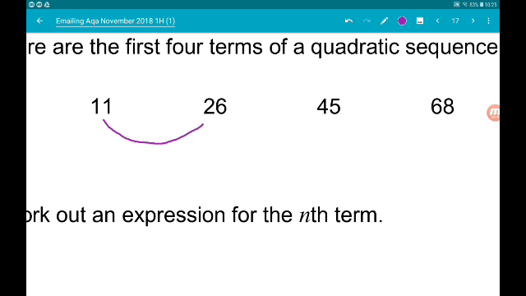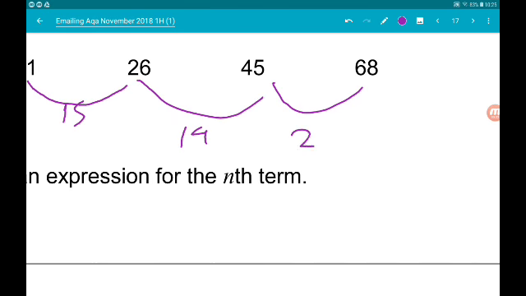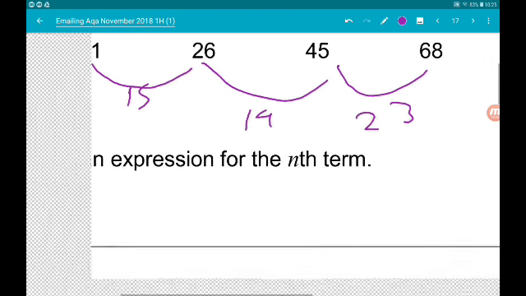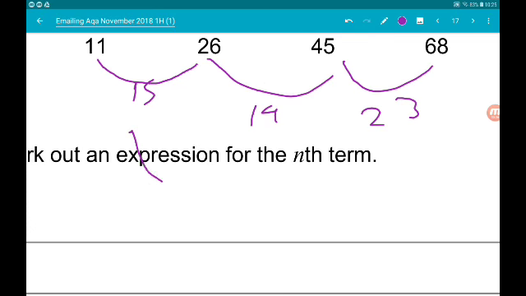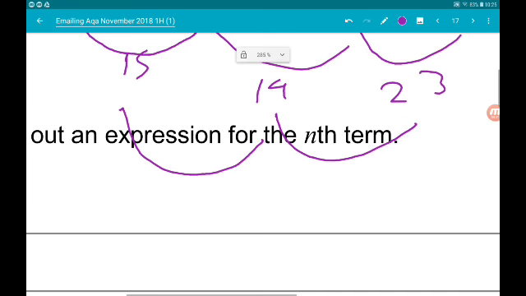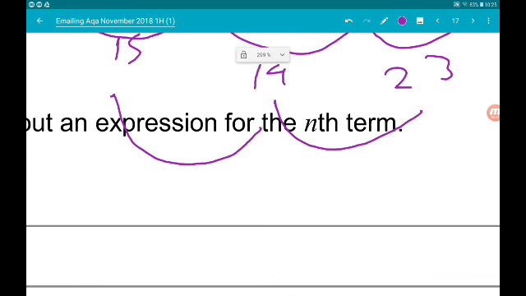So 11 to 26 is 15, 26 to 45 is 19, 45 to 68 is 23. We then need to get our second differences, so 15 to 19 is 4, 19 to 23 is also 4.